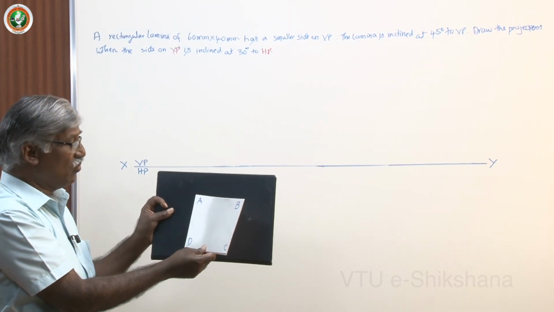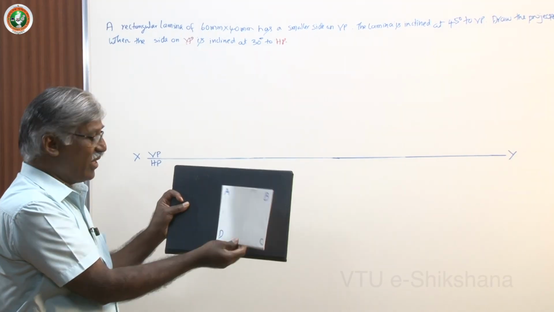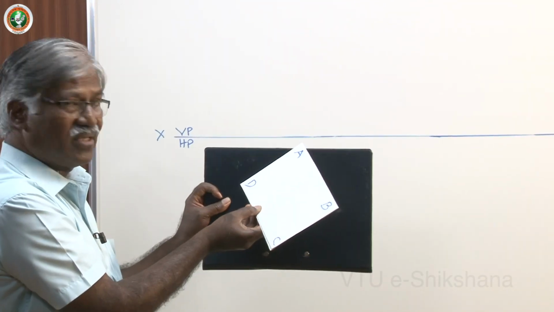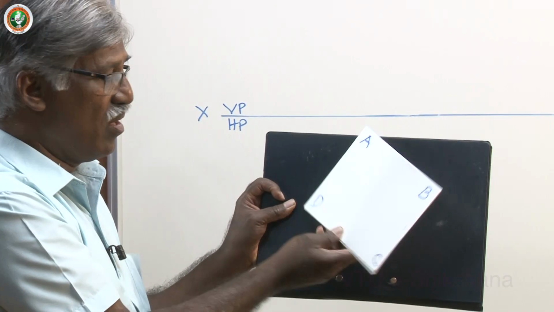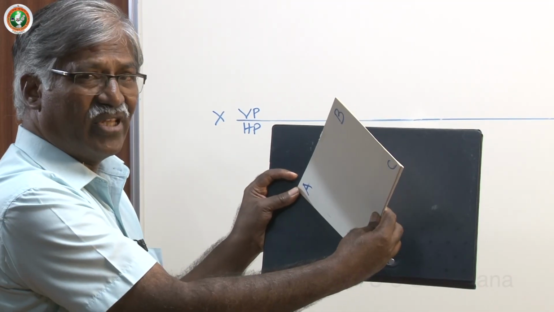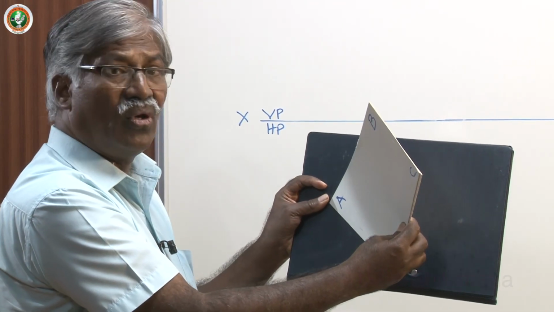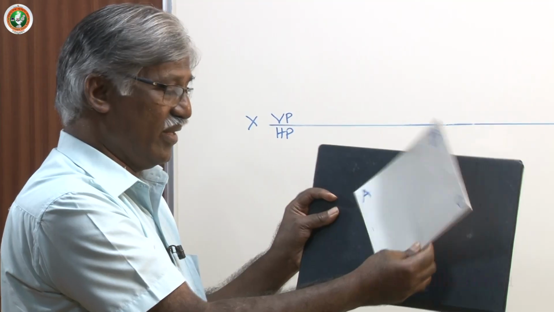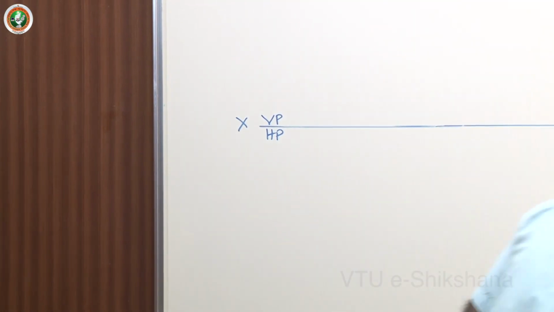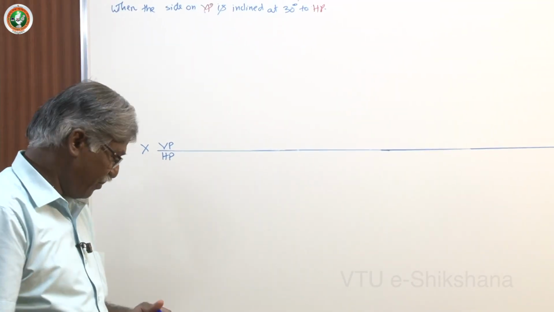Now he says it is inclined at 30 degrees to HP like this. Better you always take it towards the XY line. Alternate solution is there. First position, second position, third position. Only AD must be considered and then give inclination to HP, none other than AD. I will explain that clearly by solving in the change of position method.